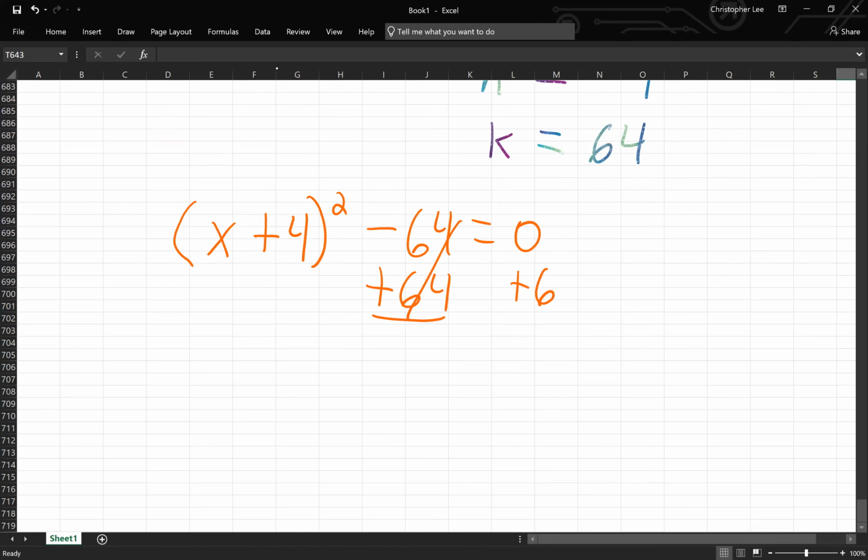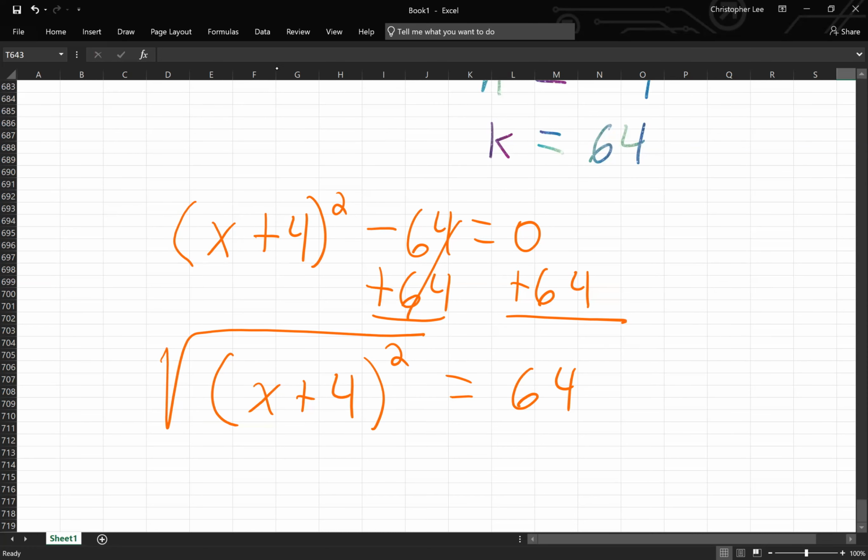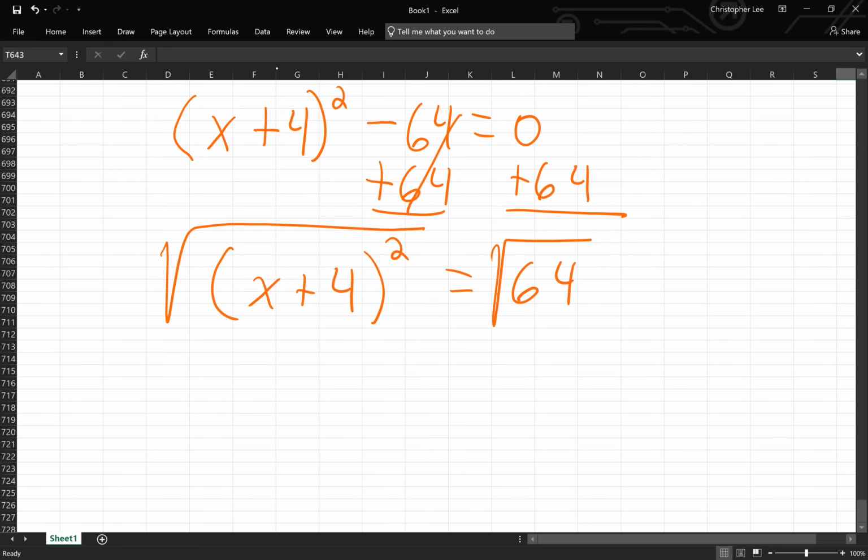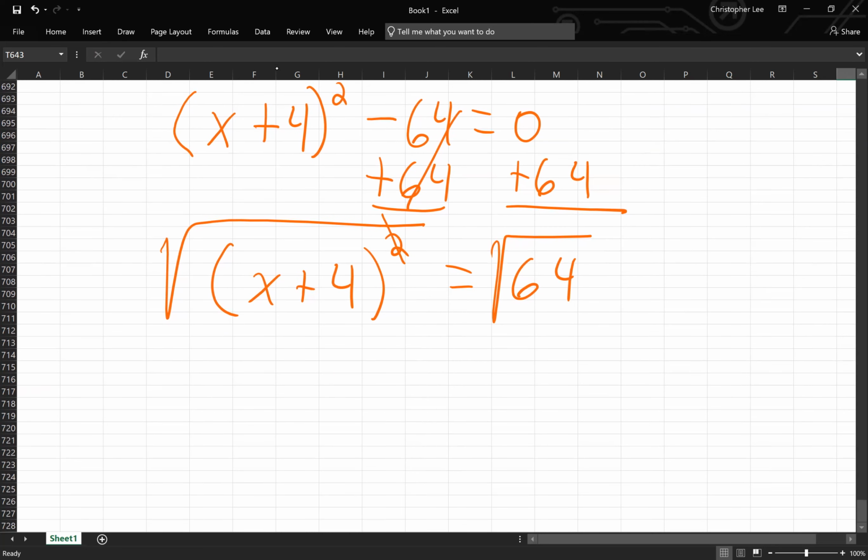What I do to one side, do to the other. So now I have x plus 4 squared is equal to 64. I want to get rid of that square, so I'm going to square root this side, but what I do to one side, I got to do to the other. Square root and square cancel out, leaving just plain x plus 4.